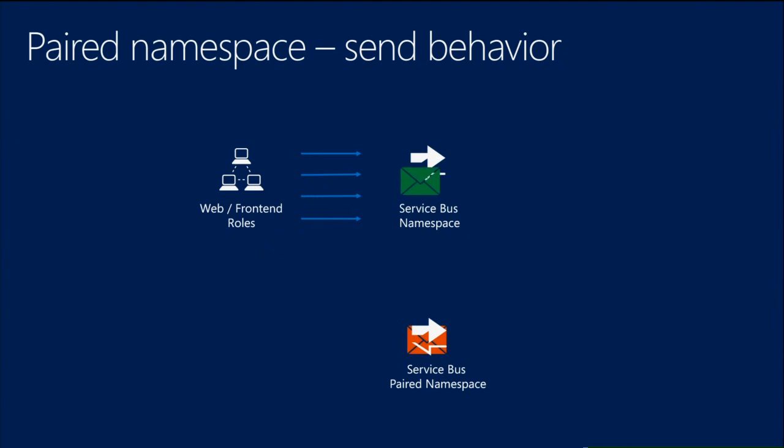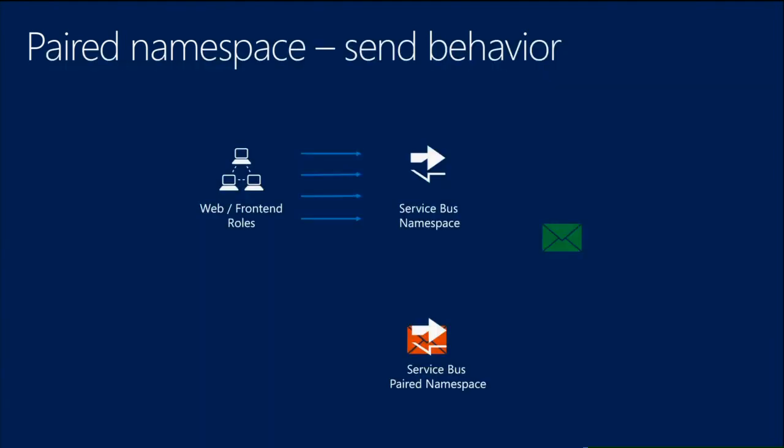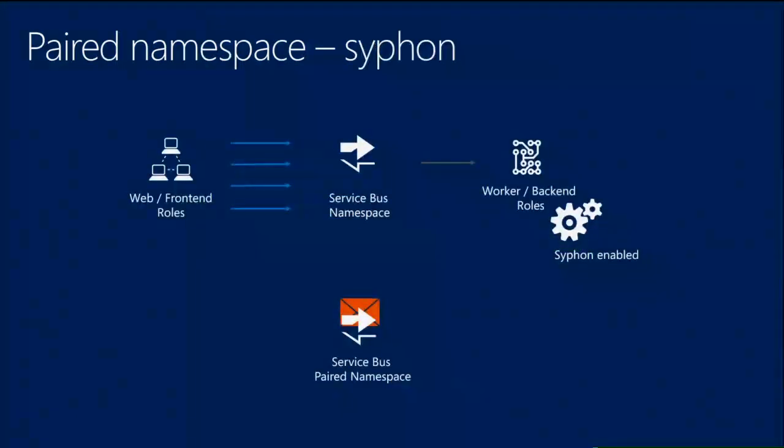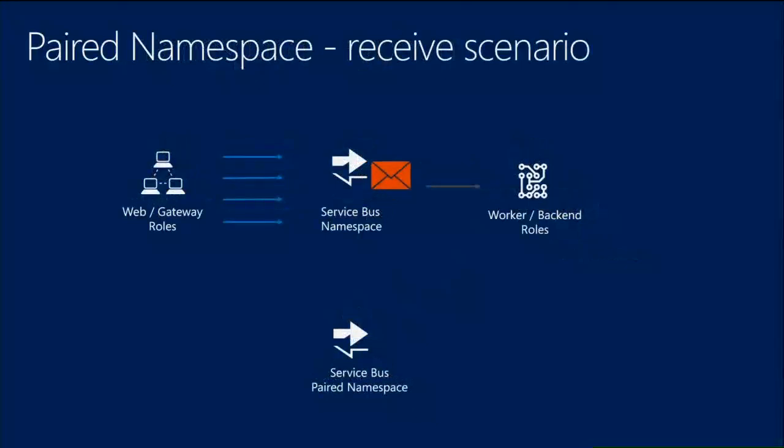And then the paired namespace will take a look at the primary namespace, and whether that's available again. If that has issues, the paired namespace will keep checking, and will then go and route that message back into the main namespace from which it will then be received.